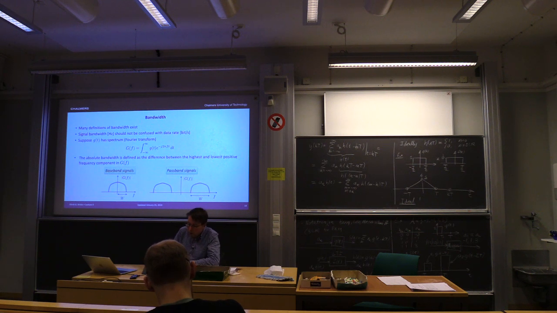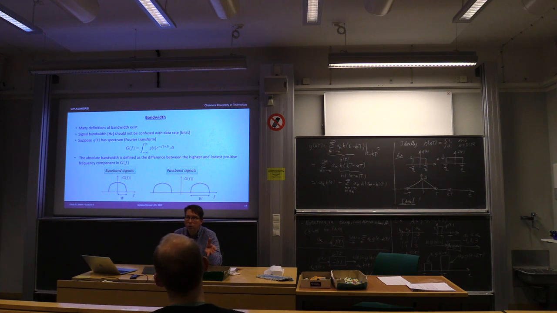And here it is extra important in a course like this to distinguish bandwidth, what we as electrical engineers typically talk about, and what people that do data communication typically talk about, because they talk about bandwidth as data rate, the number of bits per second that you can transmit.